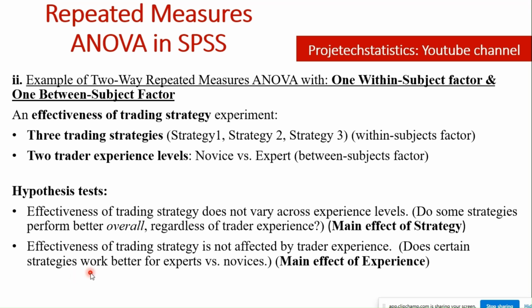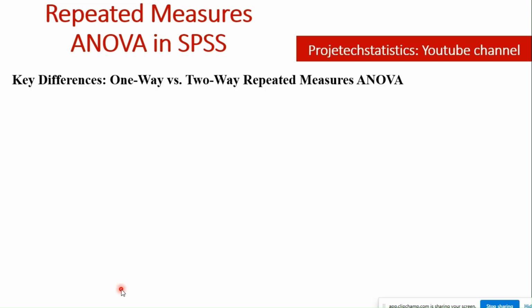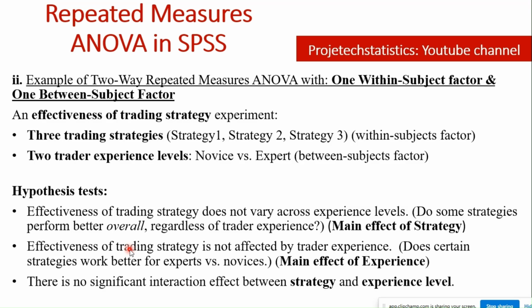Do certain strategies work better for experts or novices? There is no significant interaction between strategy and experience. So that is a two-way repeated measures ANOVA that has one within group factor and one between subject factor. In a situation like that, your individuals must be in two different groups.